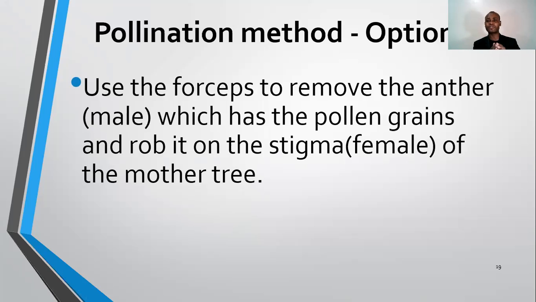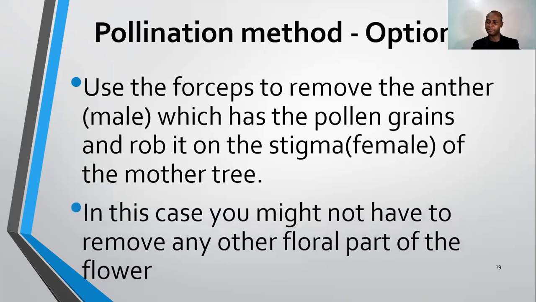In this second option, you don't do that. All you do is use the forceps to remove the male part of the flower. Holding the forceps, you go and just rub it on the female part. So there's no removal of any part of the plant.